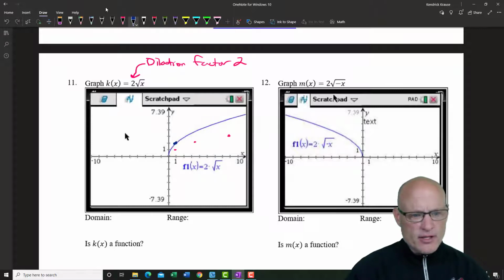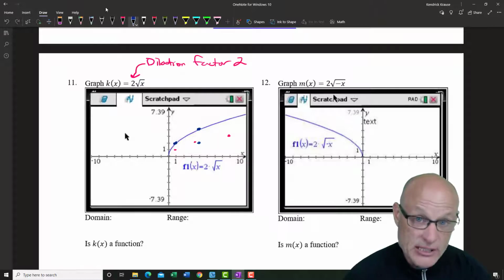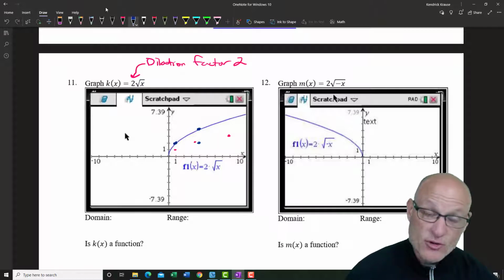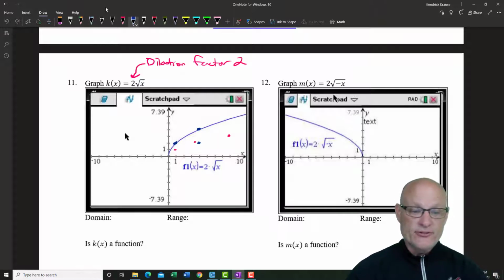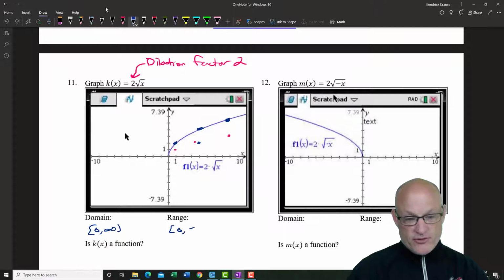This is 4. Normally would be here, but now it's dilated by a factor of 2. Notice it's going up steeper. It's got a faster or higher average rate of change. And then this is 3, and this is going to go up to 6. All right, so the domain and range actually don't change on this one. It's 0 to infinity and 0 to infinity. It's just getting there a little quicker because of the 2.